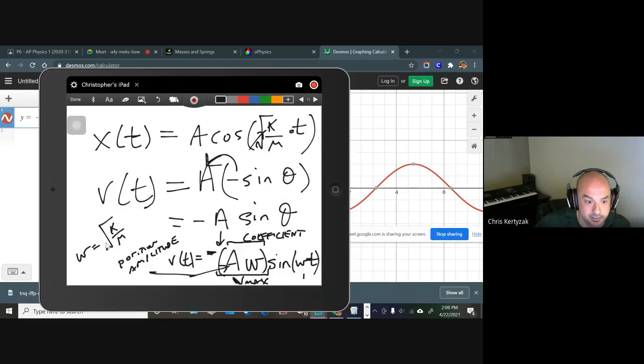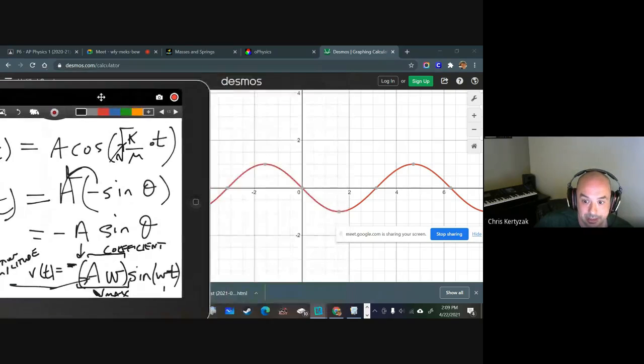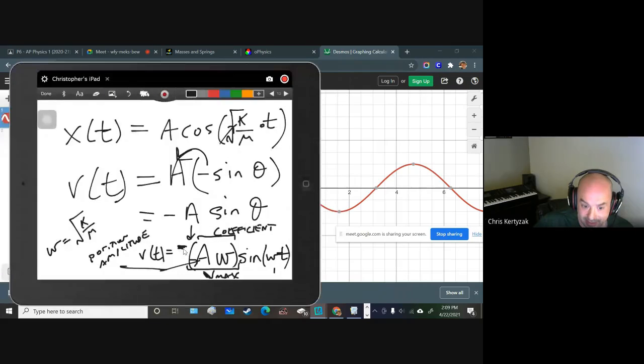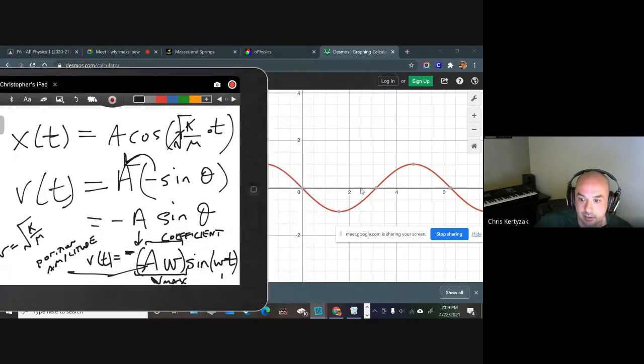Omega is always positive. It's a square root. Otherwise, it can't be right. And mass can't be negative, and neither can k. But the point is, this v of t graph will still go through its own pluses and its own minuses, because the negative there stays, but the sine function varies. It's on its own through its own plus cycle and its own minus cycle.